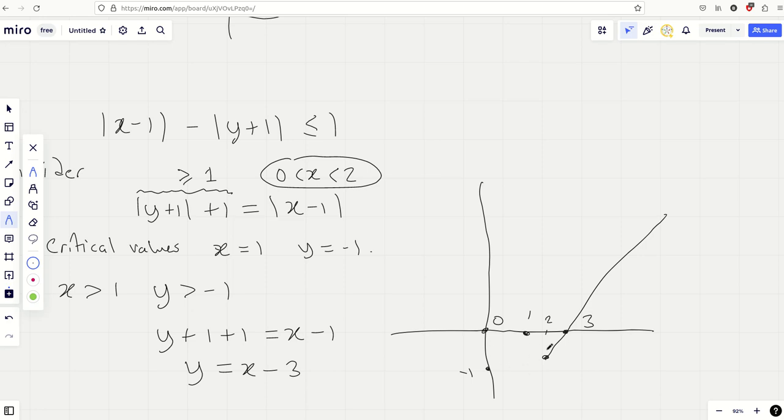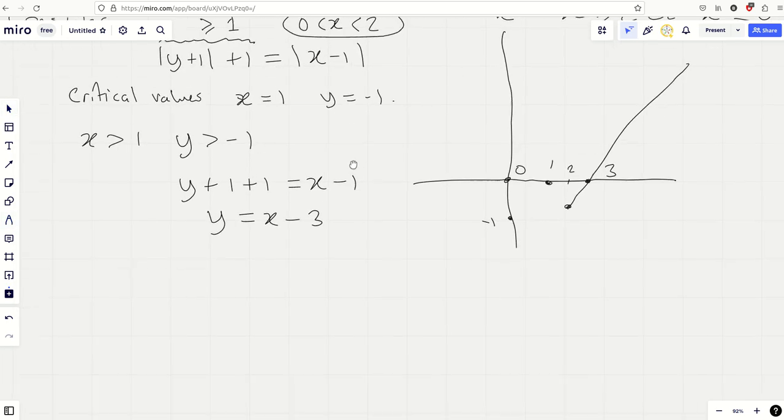So x isn't defined between 0 and 2. If you like, the domain is x greater than or equal to 2 or x less than or equal to 0. So watch out for that, because that almost caught me out there.